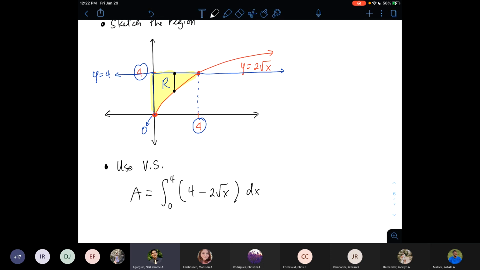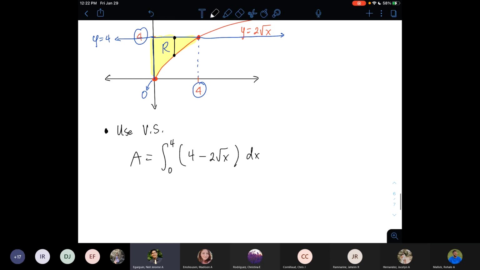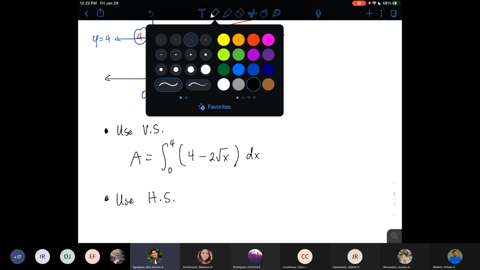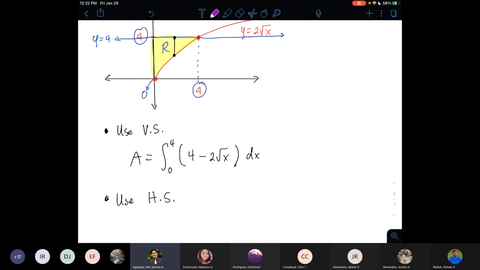All right. Now you could also try using horizontal strips here. I don't think it is very complicated to do that. Well, let's observe how a horizontal strip looks. A horizontal strip will look like this, right? And if we slide this horizontal strip up and down the region, we observe that the right function is always the red one, and the left function is always the y-axis.